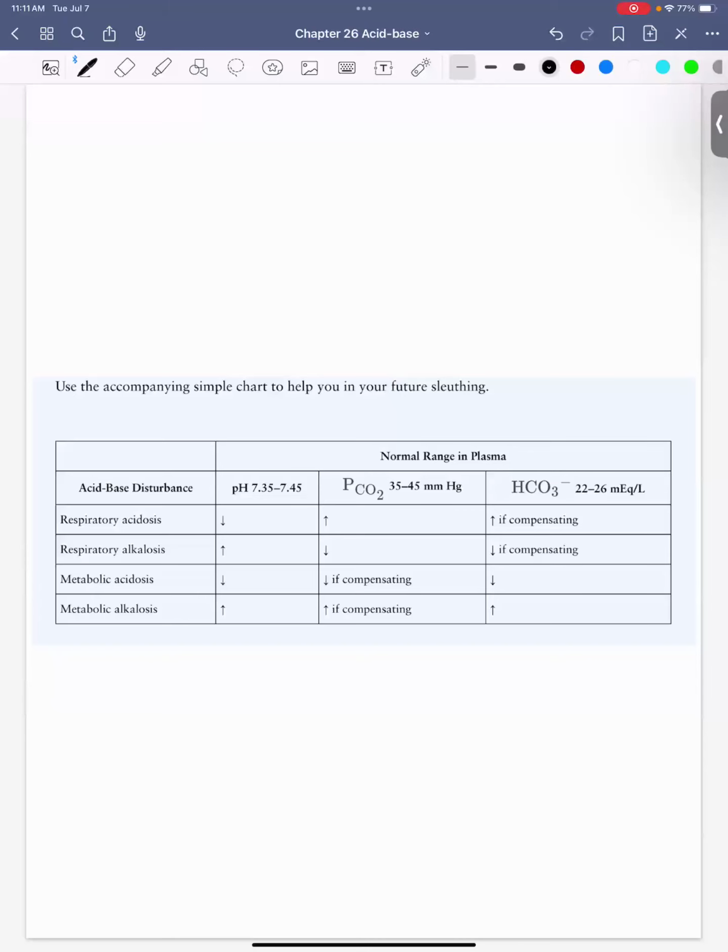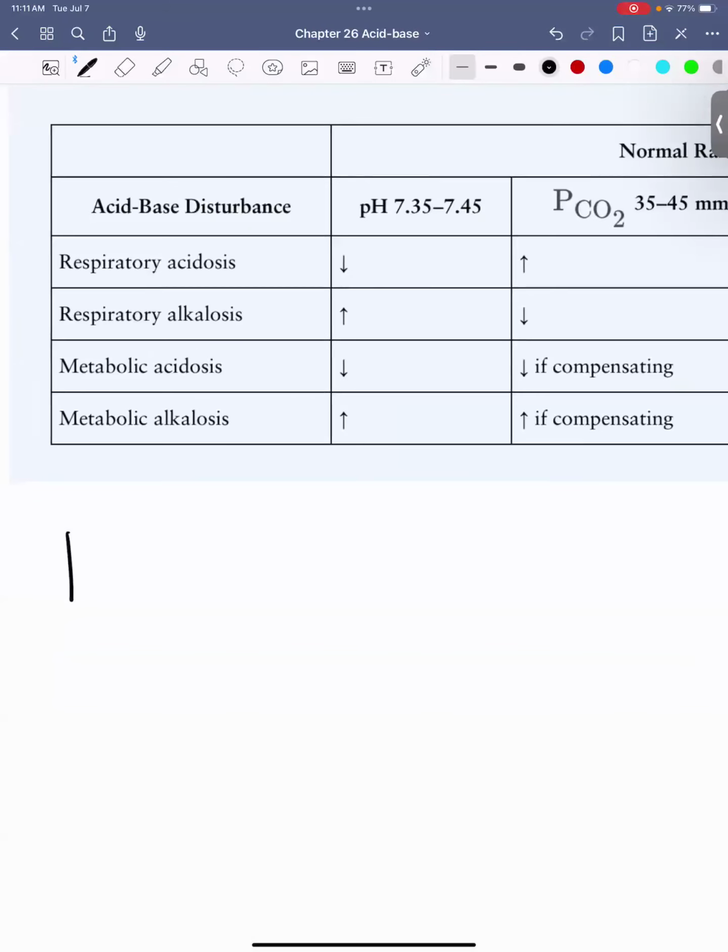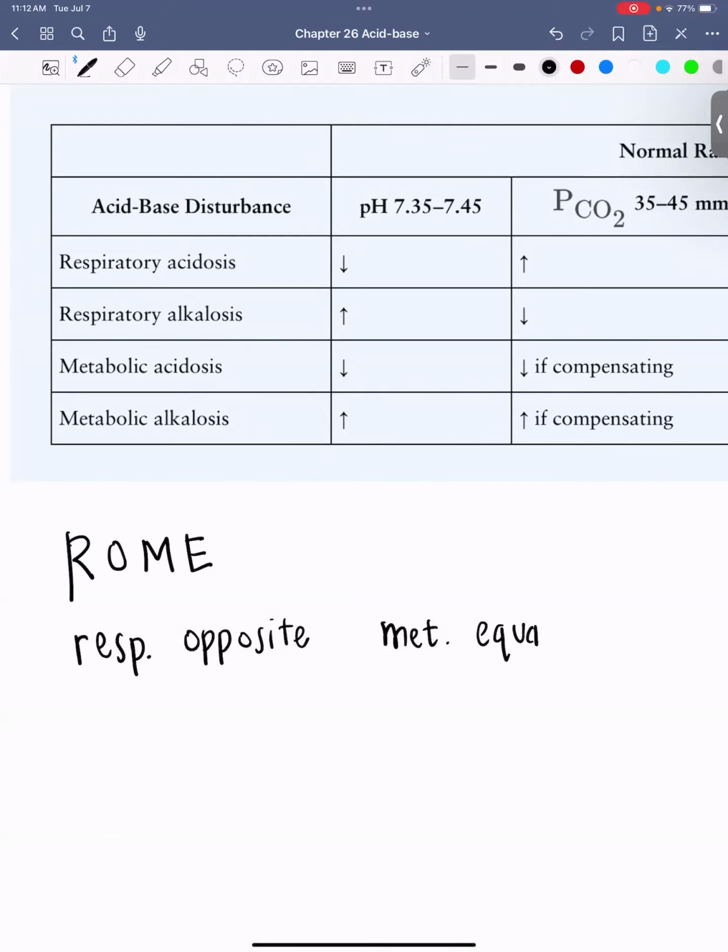In the module, I gave you a couple of other aids, I guess. I think ROME is explained. So this is a mnemonic, which stands for respiratory is opposite, metabolic is equal, and it's pointing to the relationship between CO2 and pH, which is an inverse relationship.